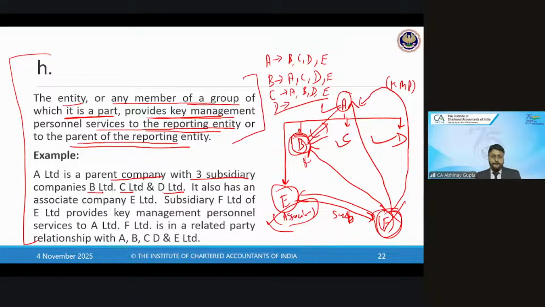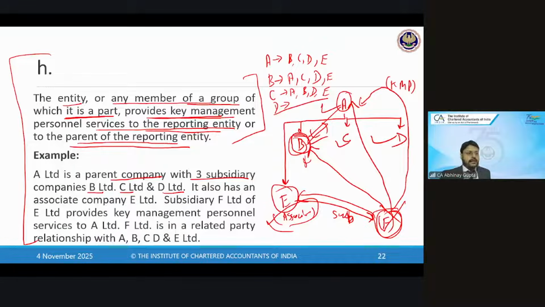Correct? Now I'm coming to what exactly is providing key management personnel services. Sometimes companies generally hire professional consultants. There are various business consulting firms in the market, and those consulting firms provide strategic decision-making assistance to the management, the CFOs, CEOs.